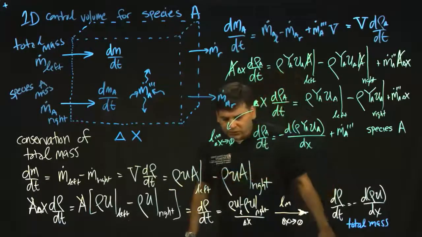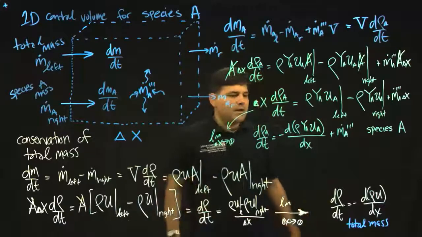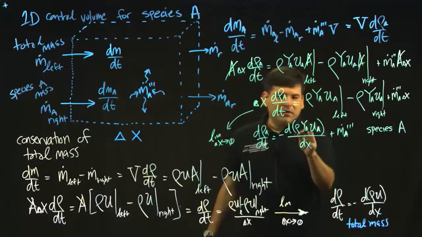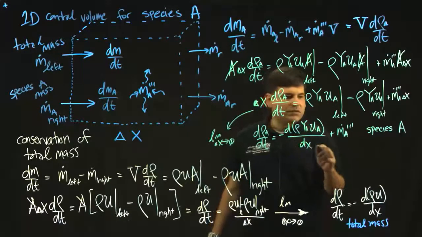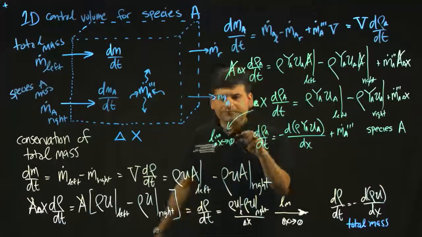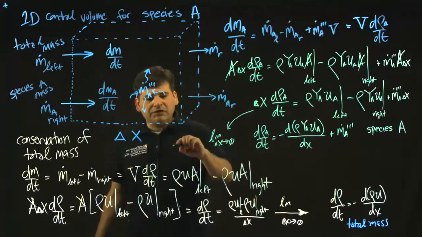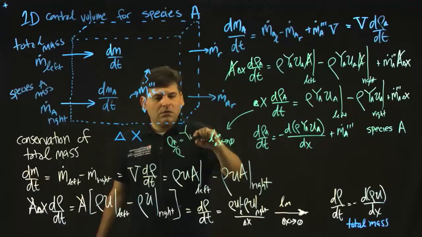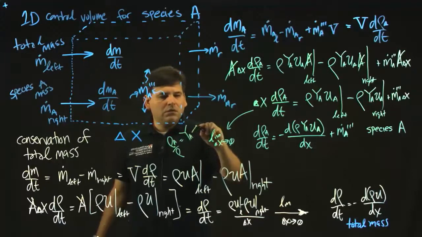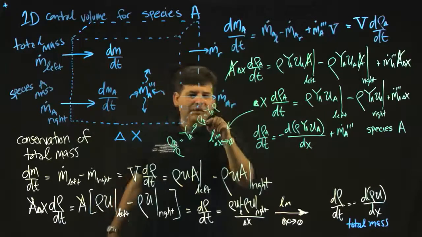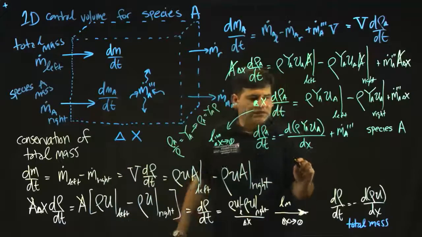So if we were to convert this back to here, instead of mass fractions, use rho, the way that we use rho, that means we could also express this in the concentration of A, going back to this, we can write this like so.